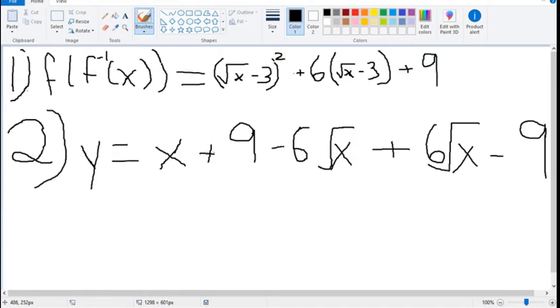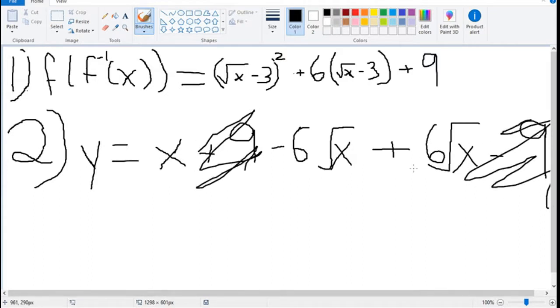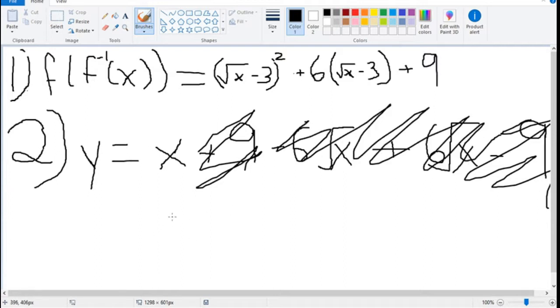And our final step, the easiest of all, is just cancel out what cancels each other out. For example, plus 9 and negative 9. Those cancel each other out, so we can cross them out. We can cross these out. Then we are left with y equals x. Simple.